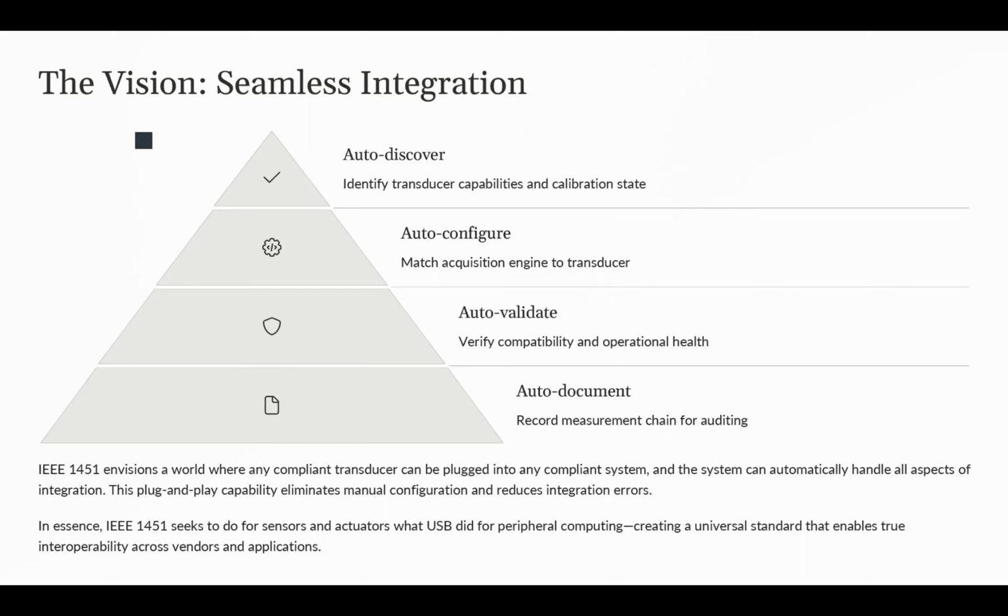So it's all automated. After the sensor is identified by the system, the system can also automatically configure the data acquisition settings. It could set the sampling rate, measurement range, or filtering if needed. All of this happens through the TEDs metadata.